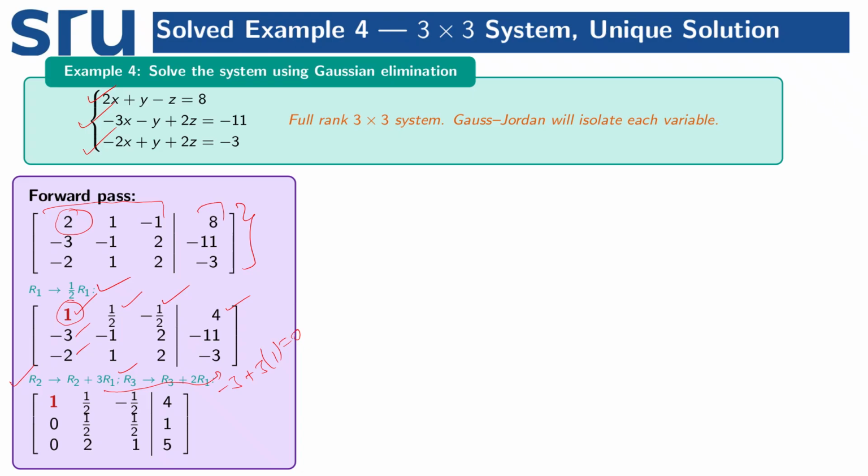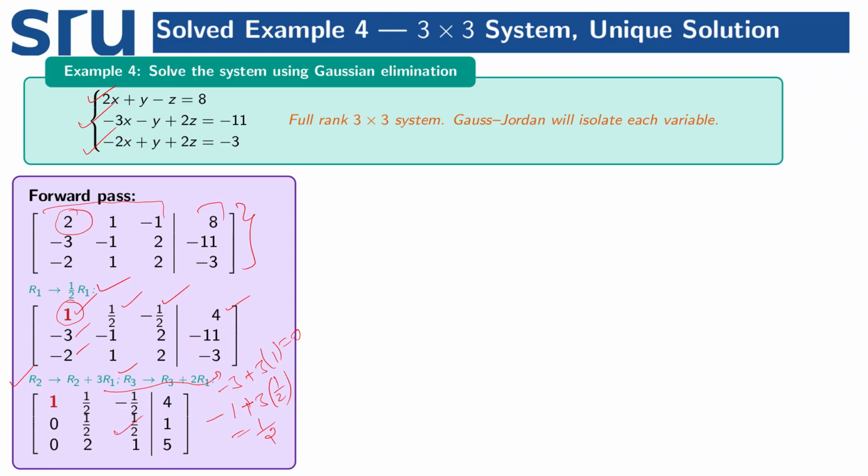Similarly, the second element is minus 1 plus 3 into half, that is equal to 1 by 2. Similarly you can find the other value as well, which is equal to half here.